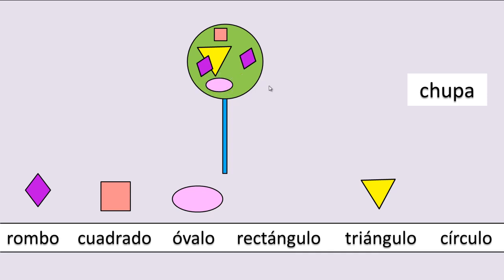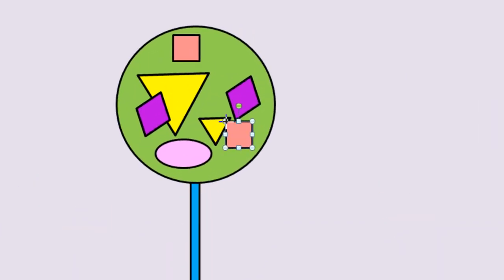All of the different figuras en la chupa. El triángulo, un triángulo pequeño, pequeñito. Y el triángulo, otro cuadrado. Watch what I'm going to do now. It's still going to be a cuadrado, but I'm going to turn it. Es un cuadrado, very small, muy pequeño.